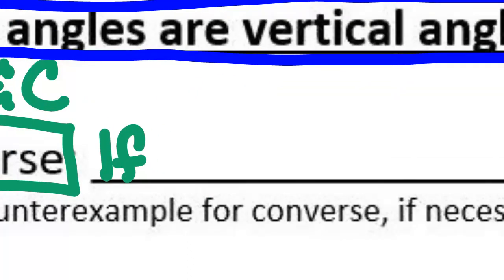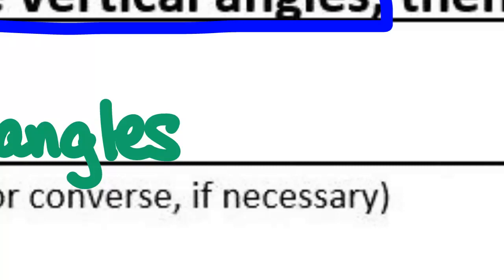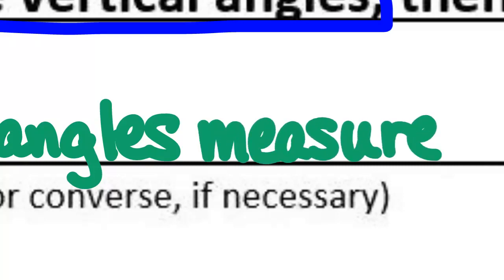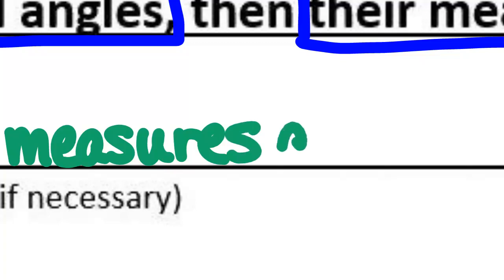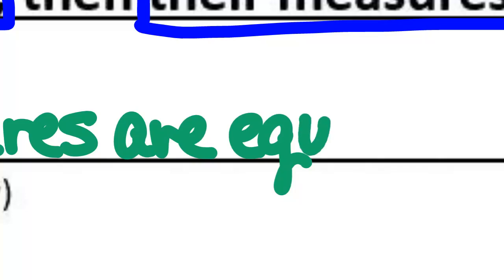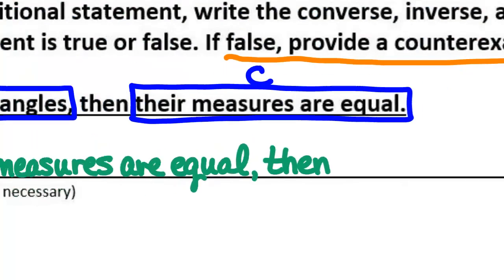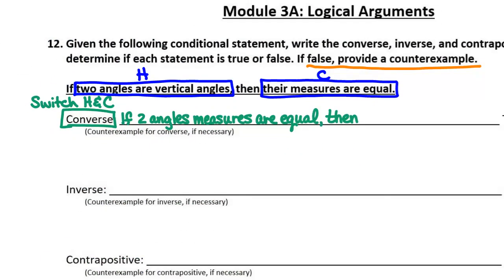So if 2 angles' measures are equal, comma, then, and now I can rewrite that hypothesis. Two angles are vertical angles, or I could say they are vertical angles.